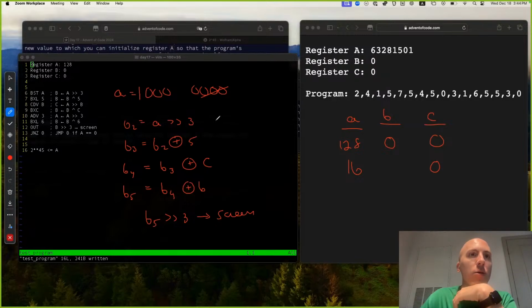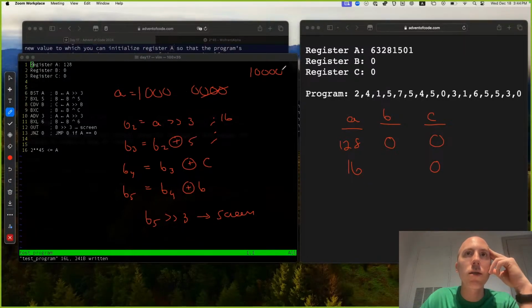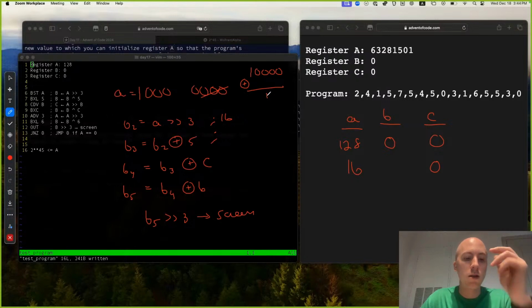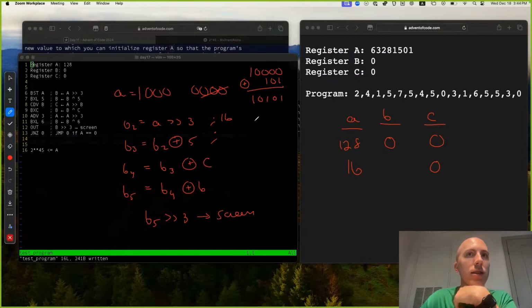So A shifted over by 3 is 16, and then 16 XORed with 5. 16 was 2 to the 4, so 1, 2, 3, 4. There's 4 things. XOR with a 5. Yeah, XORed with 5. So 10101. It seems different than what we did last time, so I don't know.